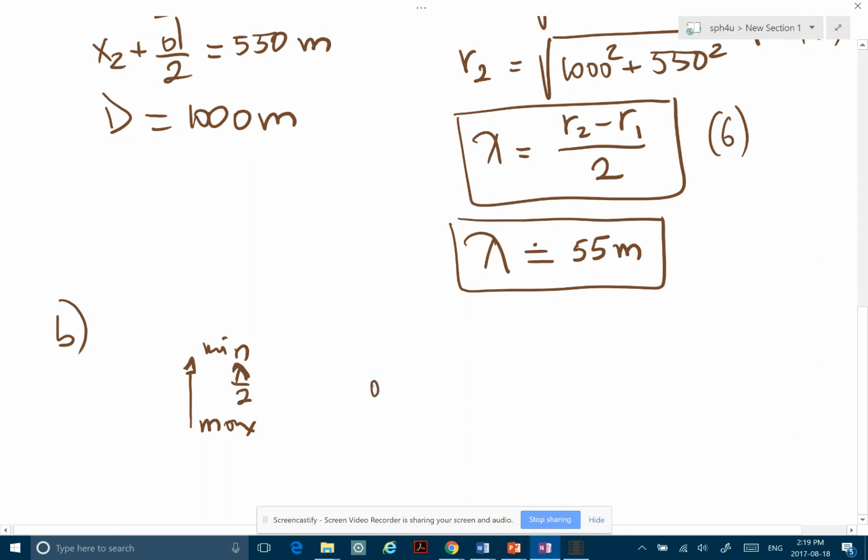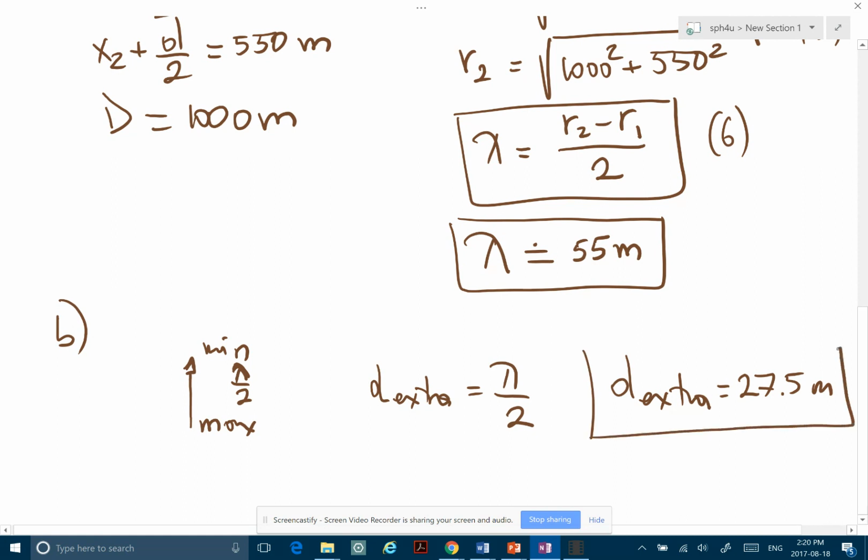All right, so which means the extra distance that the car has to travel is half of the wavelength. So that extra distance is actually 27.5 meters. Okay, so that's how you solve an interference question without using those small angle approximations. On the next example, we'll actually use the approximation.